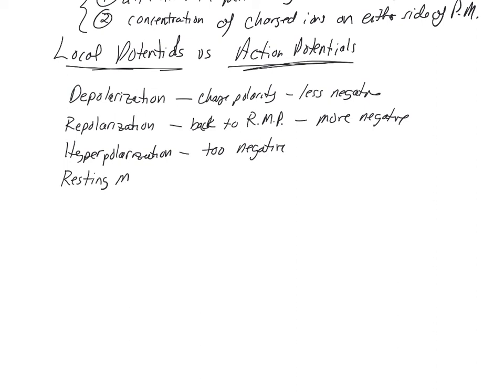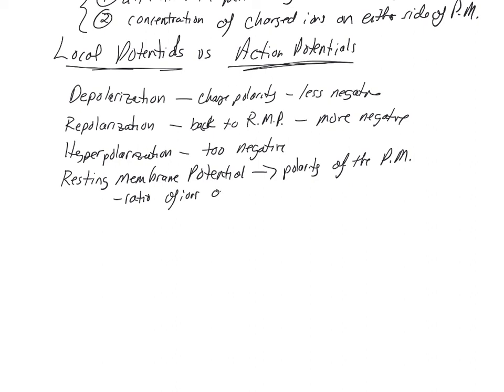So let's actually review this. Resting membrane potential is when you are talking about the polarity of the plasma membrane. And basically this is going to be about the ratio of ions on either side.